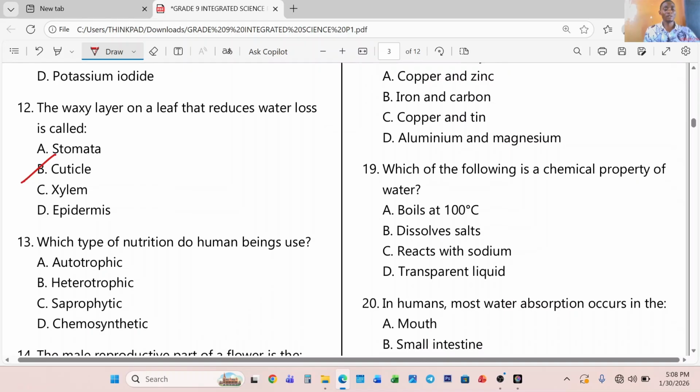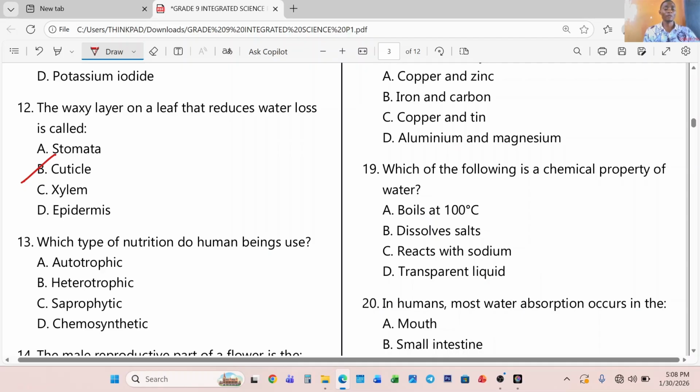Question 13. Which type of nutrition do human beings use? We have two types of nutrition, heterotrophism and autotrophism. Autotrophic nutrition is where organisms are able to manufacture their own food, and that only occurs in green plants.